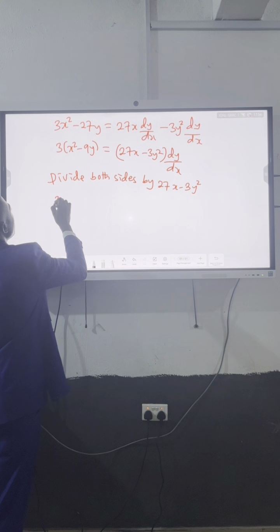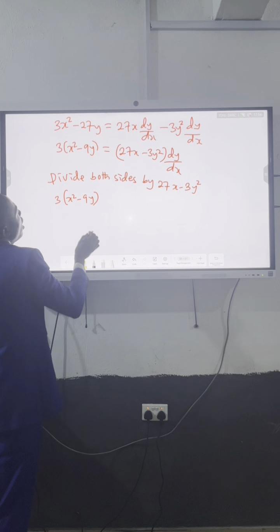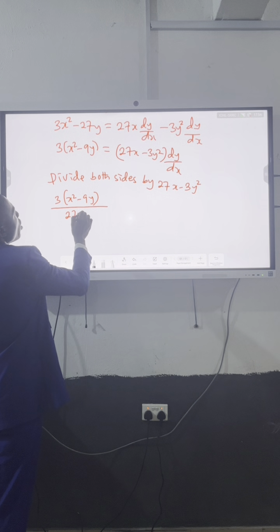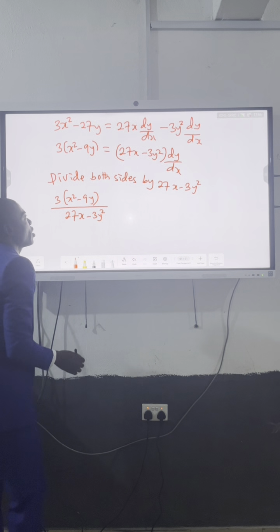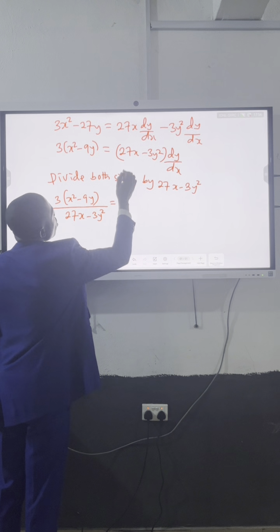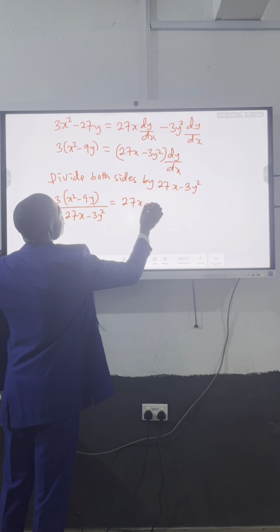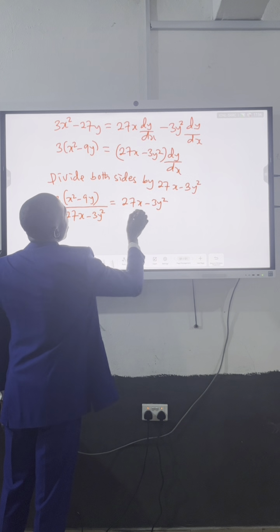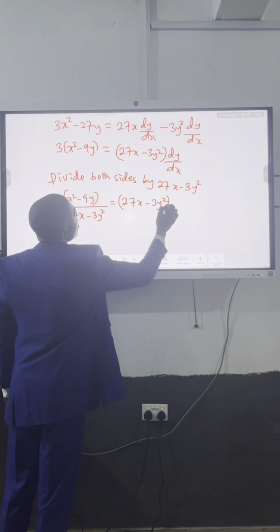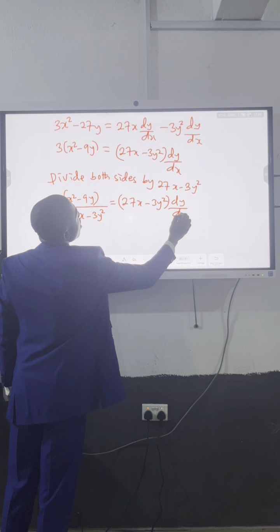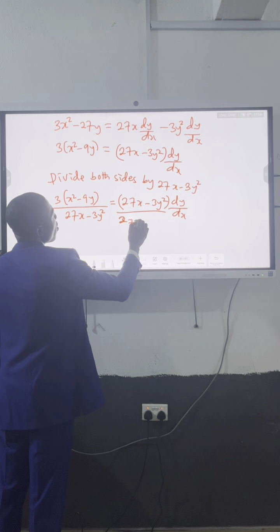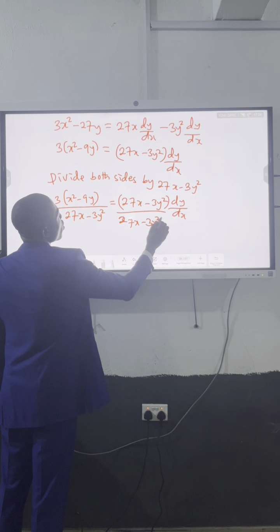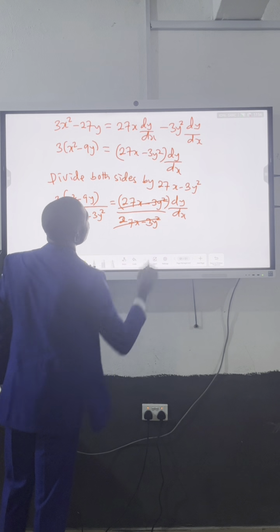All right, so we have 3 into x squared minus 9y divided by 27x take away 3y squared is equal to 27x minus 3y squared times dy/dx, but because we are dividing, this one will cancel the whole of this one for you.